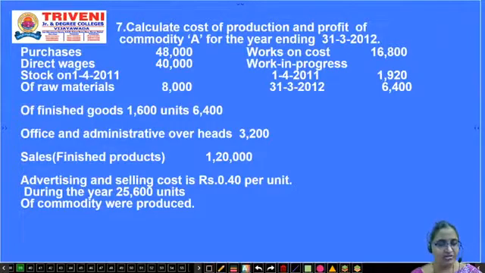So always the selling expenses must be calculated on the basis of sales, not the production. So 1 unit sold cost was 40 paise. The next, during the year 25,600 units of commodity were produced, but the units sold was not given.